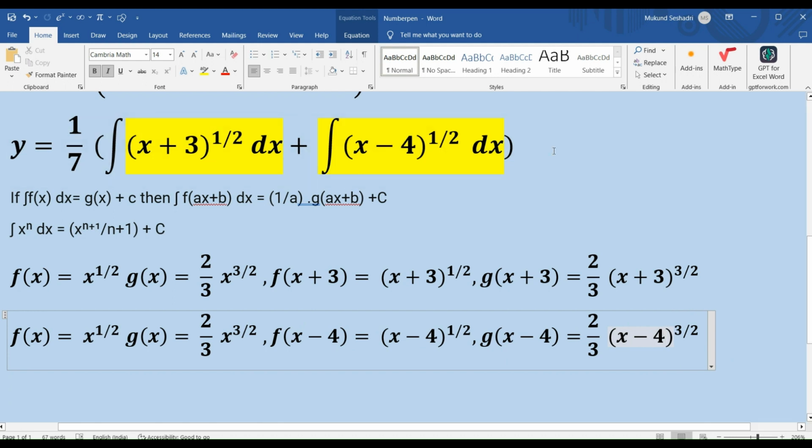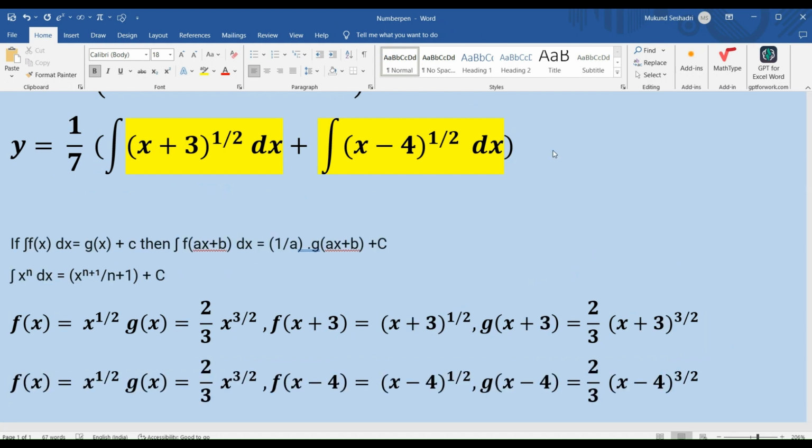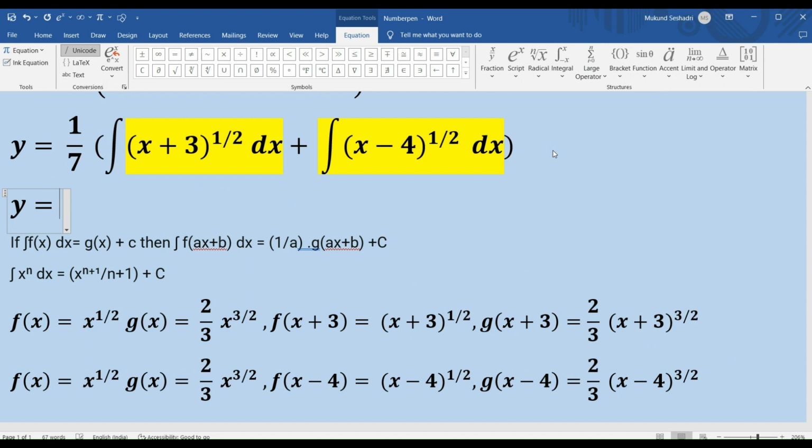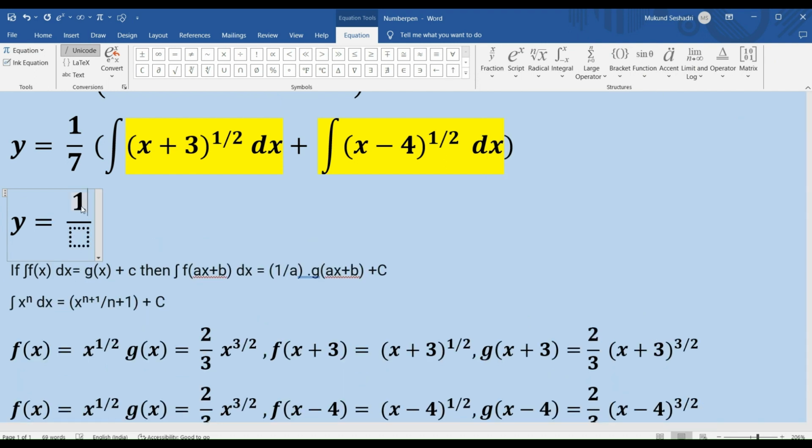So when I plug it into my y, I should remember that I have my 1 by a. And thankfully, our a in this particular case is 1, right? For the first expression, x plus 3, we have a equals 1. And for the second expression as well, our a equals 1, right? So I have 1 by 7 times my integral of x plus 3 the whole power half is nothing but 1 by a times g of ax plus b.